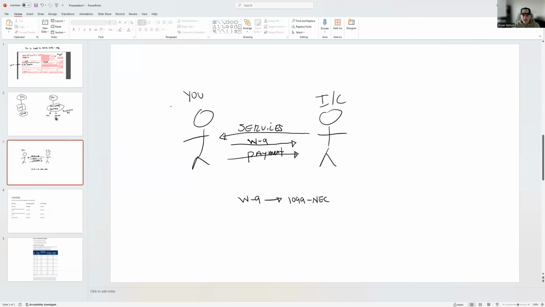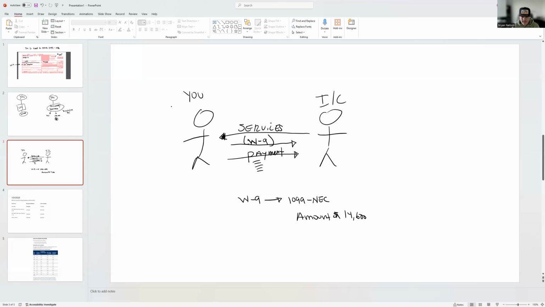And then at the end of the year, you just need to go and add up all the payments. And then you're just going to put the amount paid to that independent contractor. So we did 14,600 in the last example. So the biggest step that people skip is getting the W-9 form. And then it's hard to get that at year end because they don't want to give you that information.